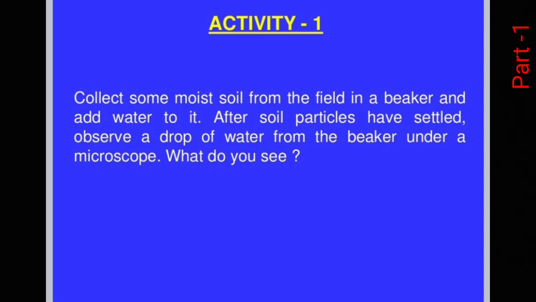So you have to observe a drop of water from the beaker under a microscope. You will take some water from the beaker with a dropper, put it on a slide and observe it under a microscope. What do you see? Please give your comments or answer in the comment box, what will you see and what will you observe.